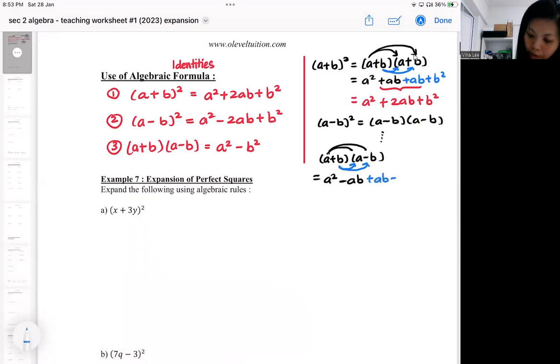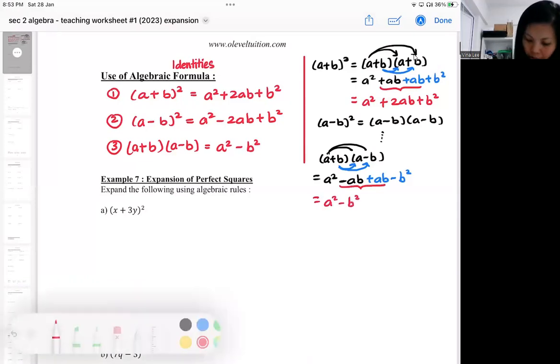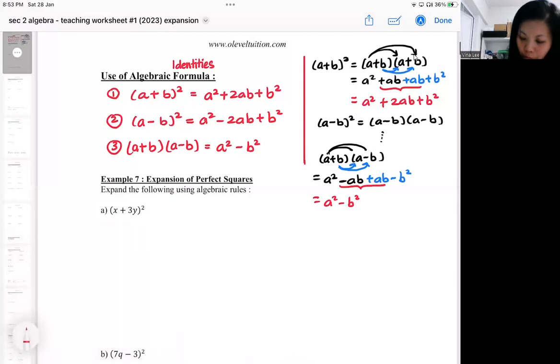It also comes from the arrow, whereby this part is cancelled away, so that's why you're left with this. Essentially, these three formulas just come from the arrow, because you put the double bracket and then you can still go to the arrow method.